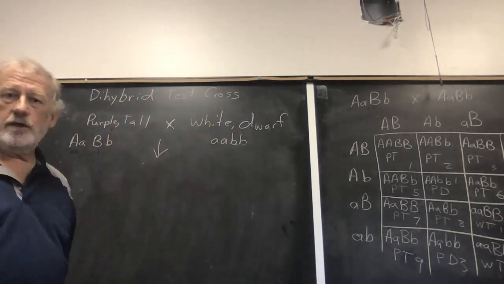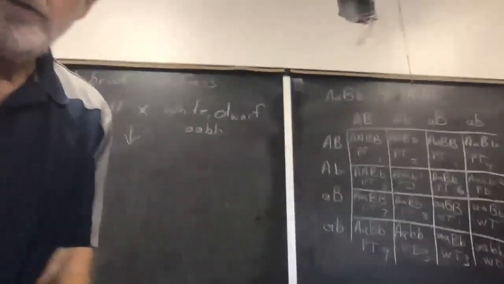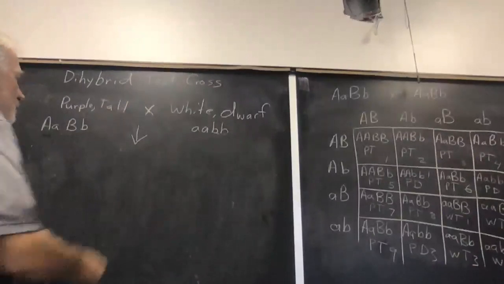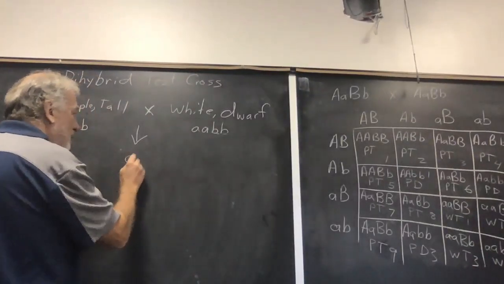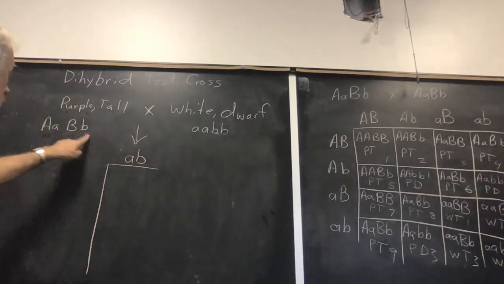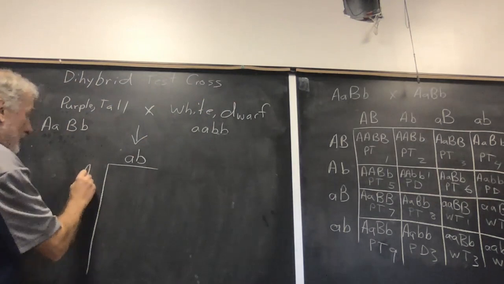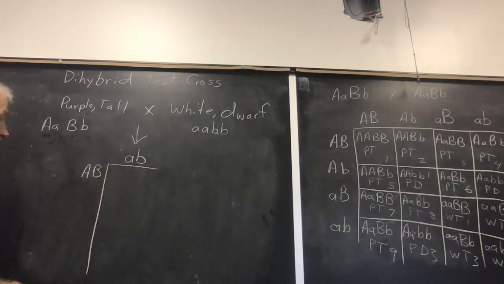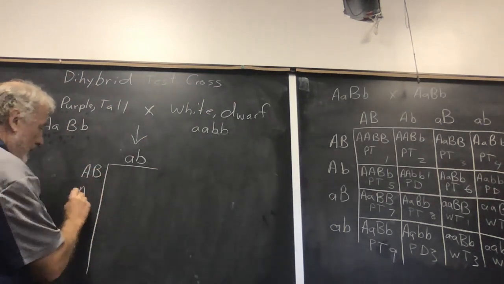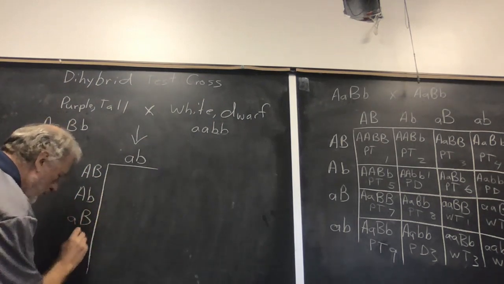Again, this white dwarf one is the tester, homozygous recessive and true breeding. So all of its gametes are going to have the little a and little b allele. This guy can produce, just like over here, 4 different gamete types: a quarter each with big A, big B; big A, little b; little a, big B; and little a, little b.